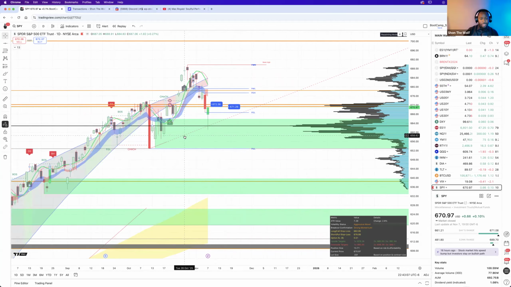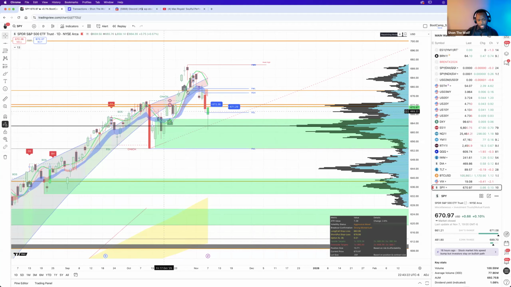But we have catalysts on the table right now with them reopening the government. If that data floods in bad and they start getting revisions of certain data points that we didn't have access to for over a month, and you've got to think about it, we've been pushing up for over a month without getting any data.